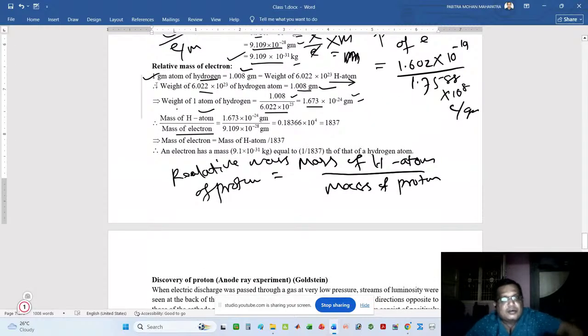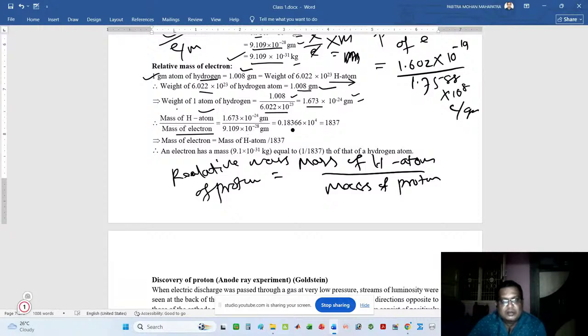Look at that. Now let me explain the relative mass of the electron. For the relative mass of the electron, you can say the mass of hydrogen divided by the mass of the electron. The mass of hydrogen is 1.673 into 10 to the minus 24 gram. The mass of the electron is 9.109 into 10 to the minus 28 gram.